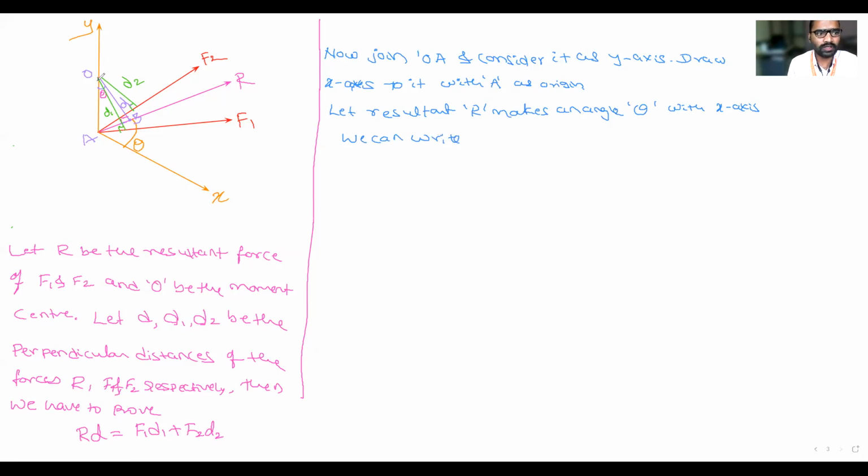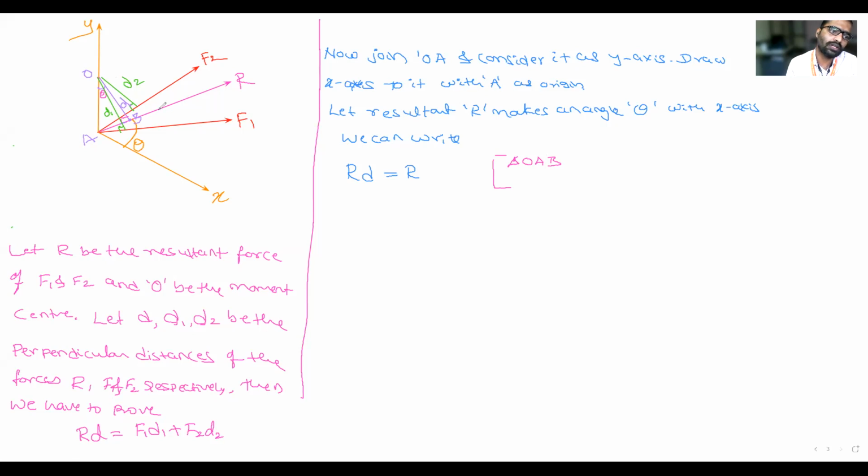can you tell me the moment about O from R? The moment of the resultant force R about O is R into D. I want to find out this D. All of you concentrate. I will consider the triangle OAB. From this, theta is this angle.